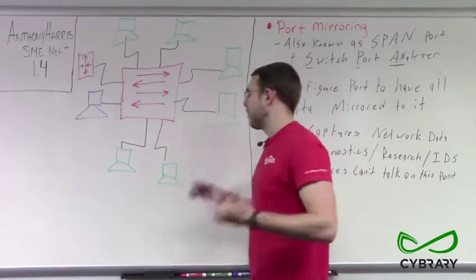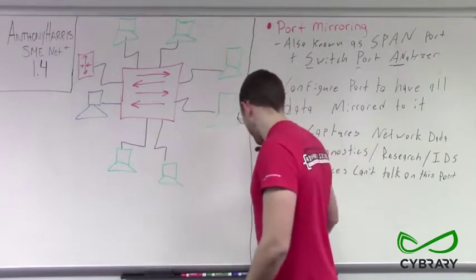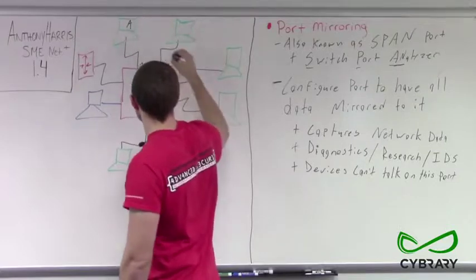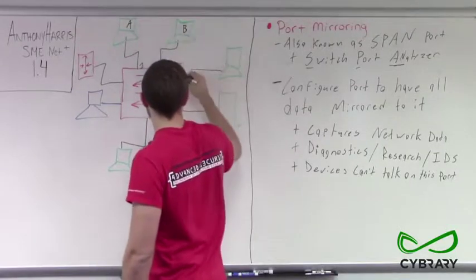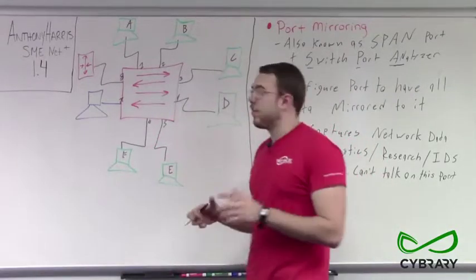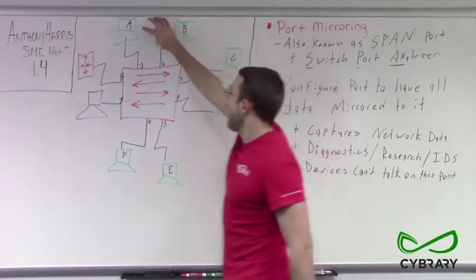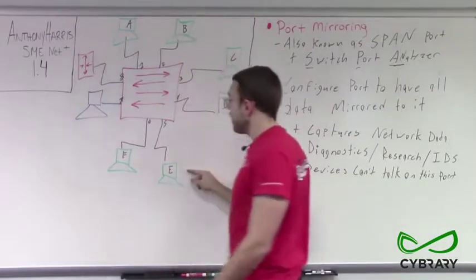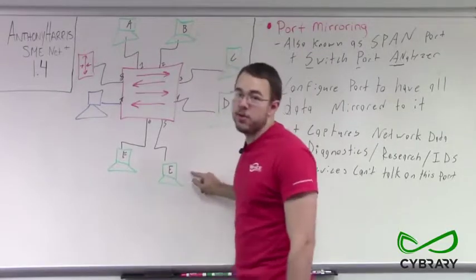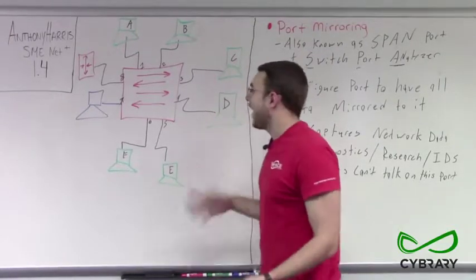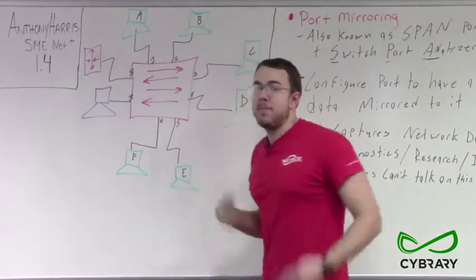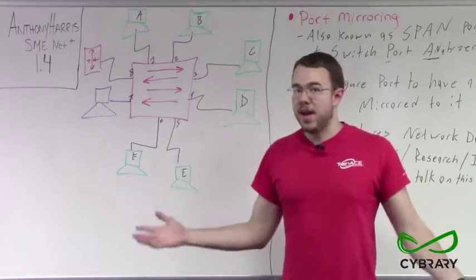But after our switch starts to make up its tables and it determines that on port number 1, I have computer A, port number 2, I have computer B, port 3, I have computer C, and so on, our switch is going to determine that when computer A sends a packet to computer E, it is just going to send it directly to computer E. The only packets that you're going to hear are packets that are being sent to you and packets that are being broadcast to everybody.